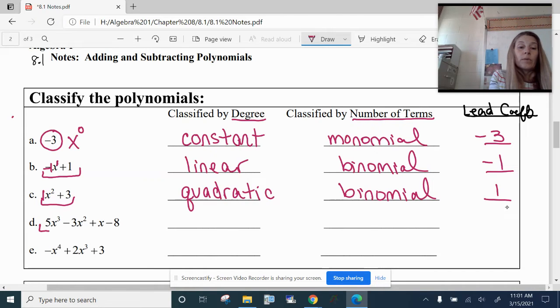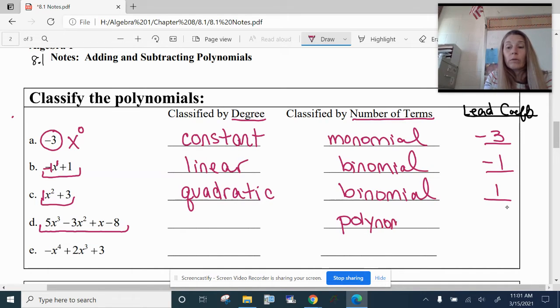Okay, then this next one, we have 1, 2, 3, 4 terms being added or subtracted. So that is just going to be called a polynomial. We're not going to give it a special name. And the highest exponent is this 3, which is referred to as cubic. And since that's my lead term there, my lead coefficient would be 5.